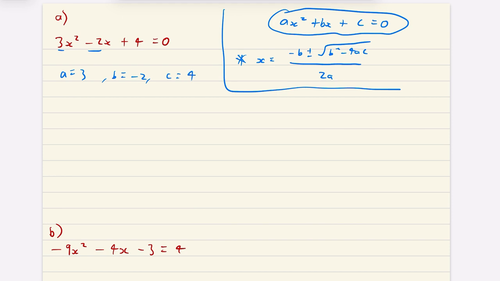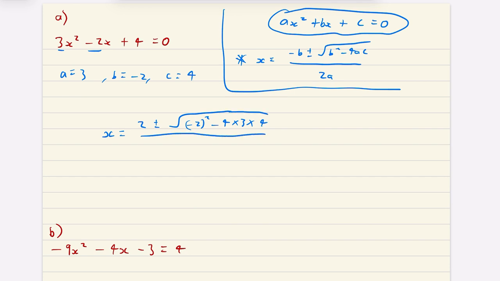Now I can just plug and chug it straight into the formula. So my solution will be x is equal to negative of b, so negative of negative 2, that's just positive 2, plus minus root b squared, so it's going to be negative 2 squared, minus 4 times a times c, and all of that is over 2 times a.